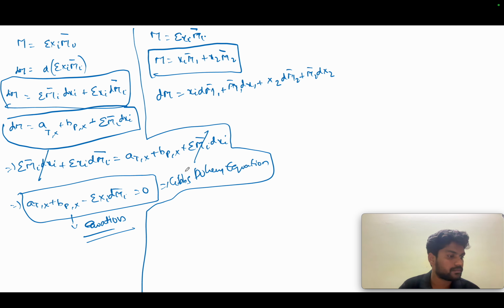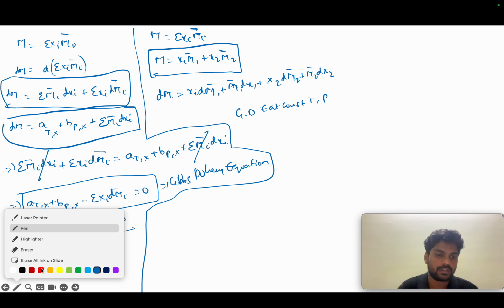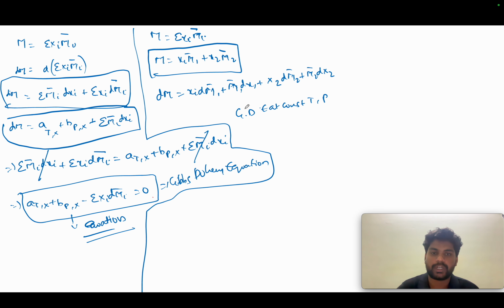so now if I take this Gibbs-Duhem equation at constant temperature and pressure, this equation will become, because at constant temperature this term will be 0, at constant pressure this term will be 0, so both will be zeros.